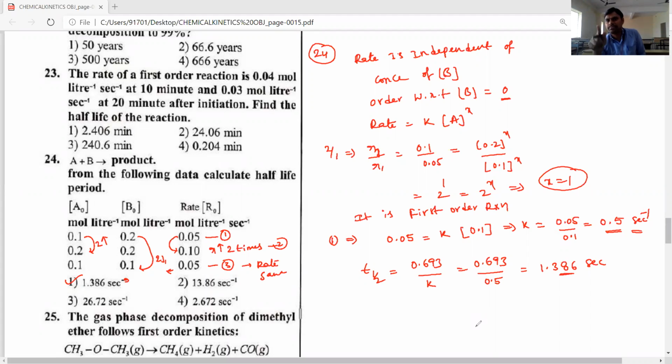It is independent of B. That's why the order of the reaction is 1 with respect to A, and it is also equal to the total order of the reaction. So the rate is equal to K into concentration of A. The first equation rate is 0.05, equal to K into concentration of A. From that I find the K value. If you know the K value, then we can calculate the half-life period of a first order reaction very easily.